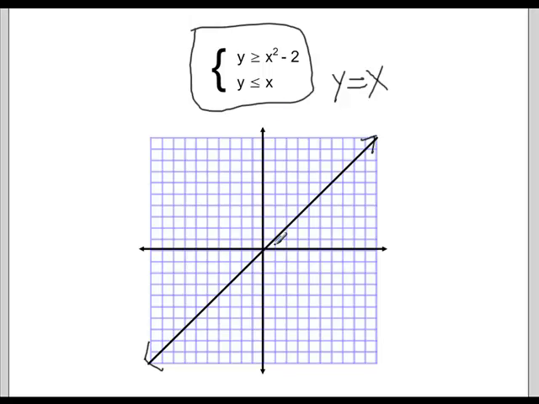Well, I consider the point (0, 1). Does that work? It's going to be 1 is less than or equal to x, and x is equal to 0. 1 is less than or equal to 0, which is not true. Therefore, we must be shading this region down here.